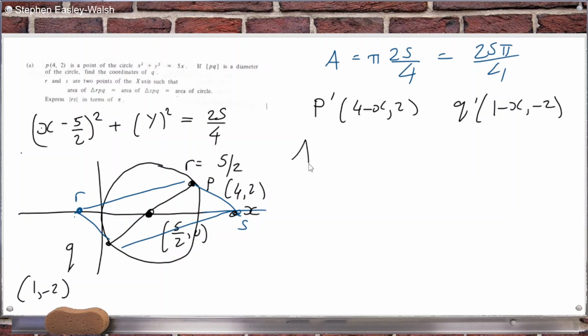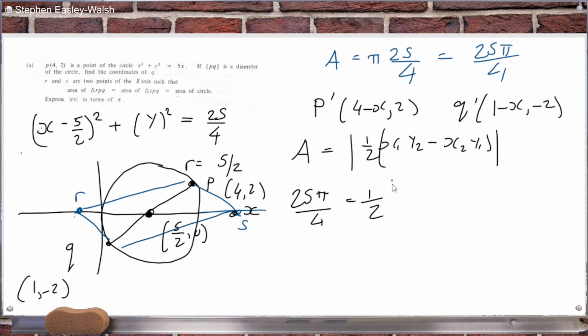And then the area is, what's it? A half x1 y2 minus x2 y1, I think, if I remember correctly. So that has to be 25 pi over 4. That's a half x1 times y2. So that's minus 8 plus 2x, minus x2, which is 2 times y1.